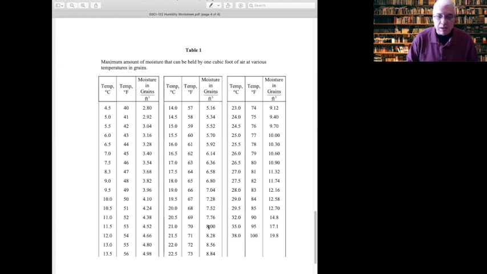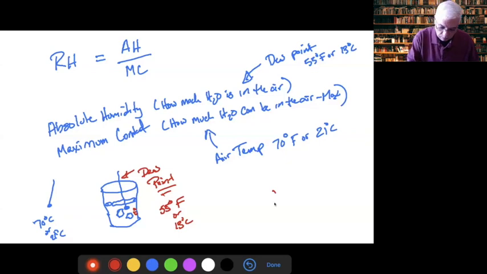8 is the amount of water that can be maximally held in your air under this example. And so the maximum content coming from the 70 degrees Fahrenheit is a maximum of 8 grains per cubic foot. The absolute humidity, or what's actually in the air, is going to be 4.8.